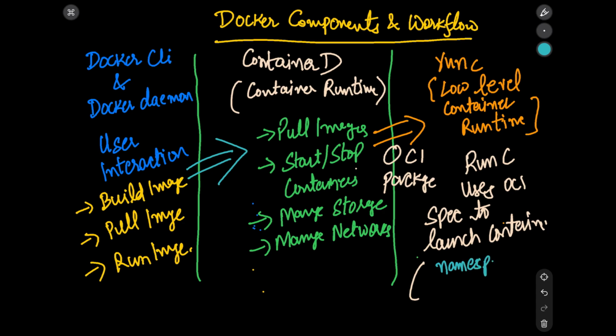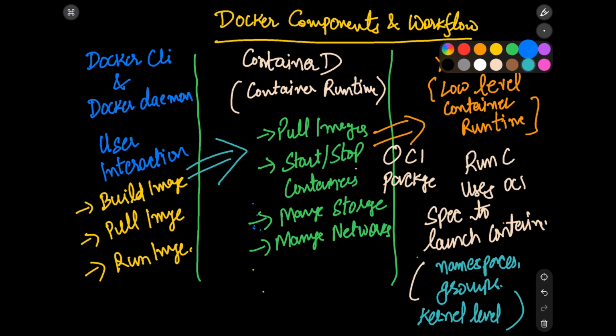It will set the namespaces, set the cgroups, and then work with the Linux kernel to start the process specified in that OCI package JSON file, basically what command to run.